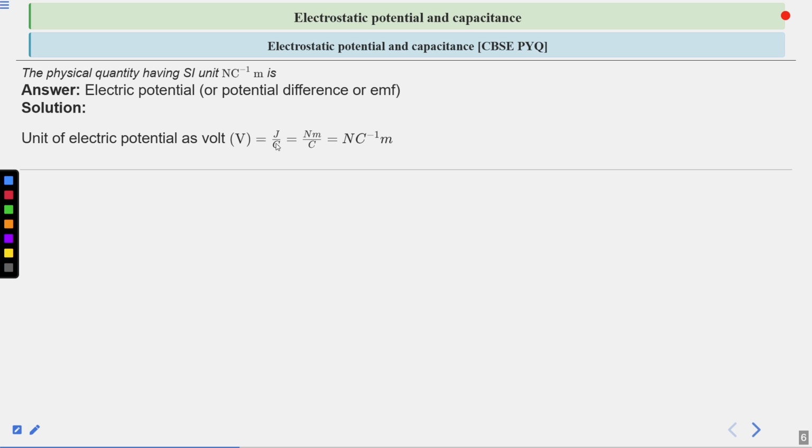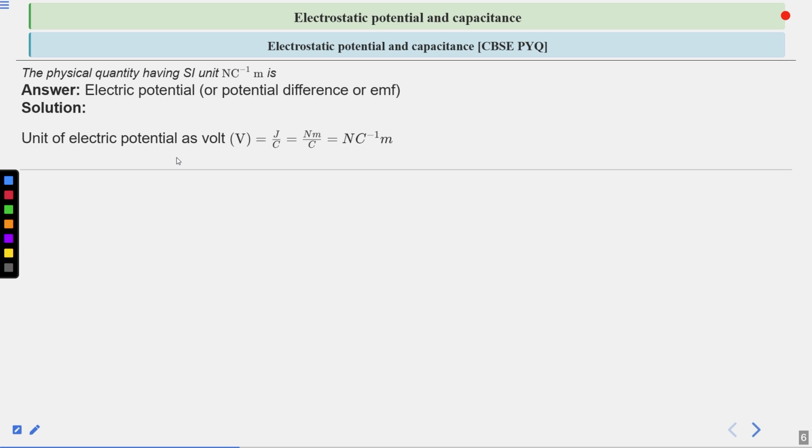The unit of electric potential is volt. Electric potential is equal to work upon charge, isn't it? So electric potential is the work done to bring a unit positive charge from infinity to any point in the electric field of that charge.